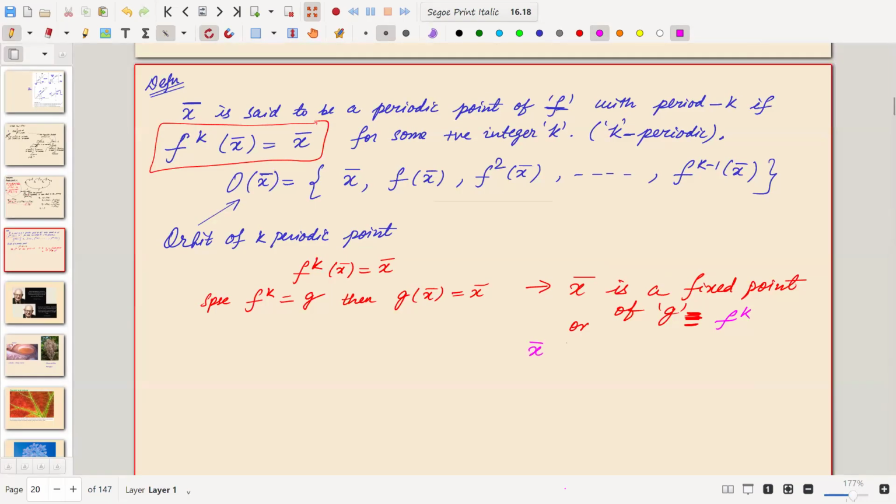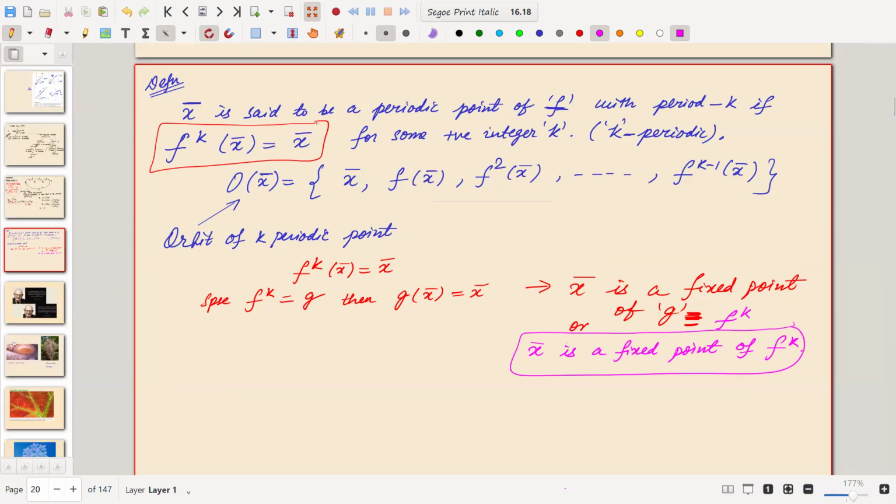So x bar is a fixed point of f^k. Can you see that? This is one of the most important results you can see.